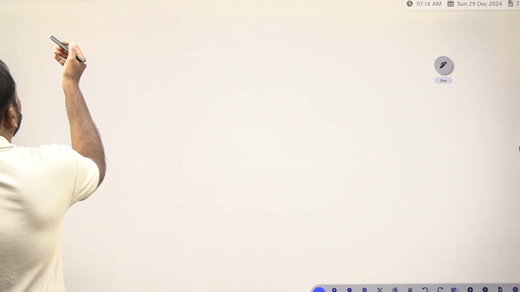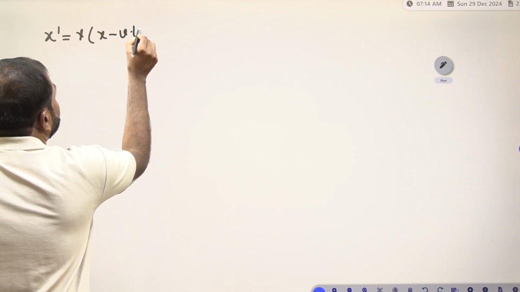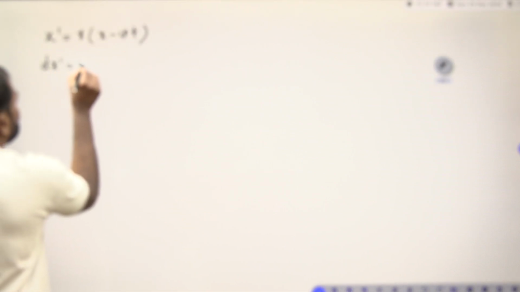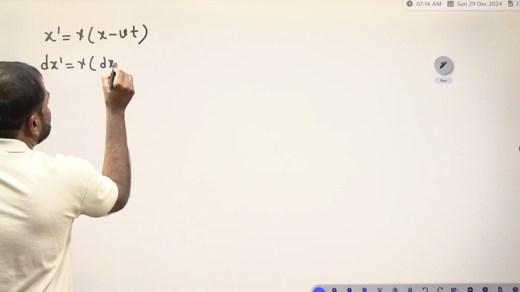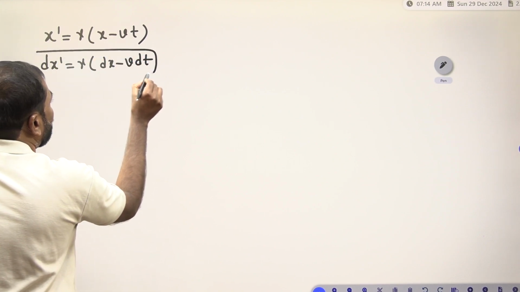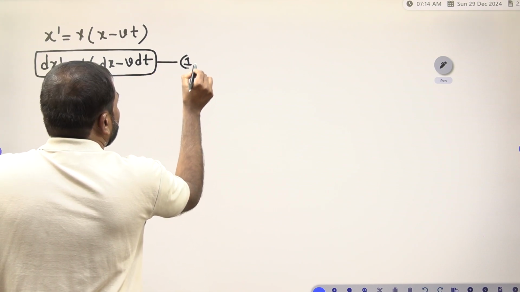Again, x dash is equal to gamma into x minus v t, so dx dash is equal to gamma into dx minus v into dt. This is equation number 1.